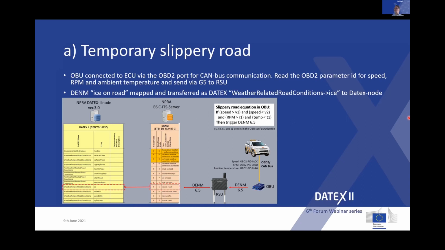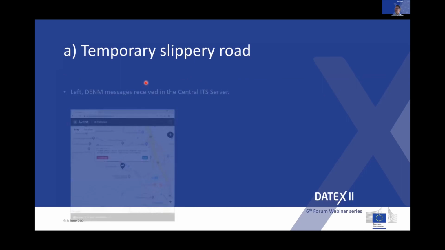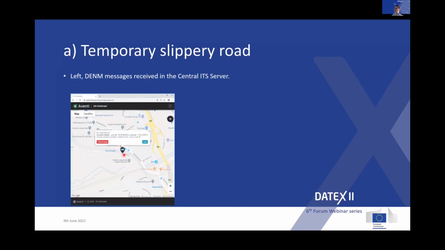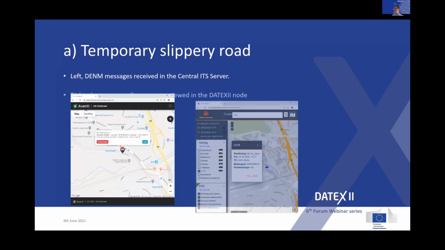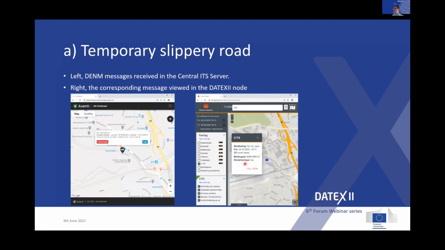As you can see here, this resulted in us seeing ice on road as a DENM message in the ITS server, and we can also see that the event type detected on the same spot is ice in our web client that consumes the DATEX node publication, as you can see.